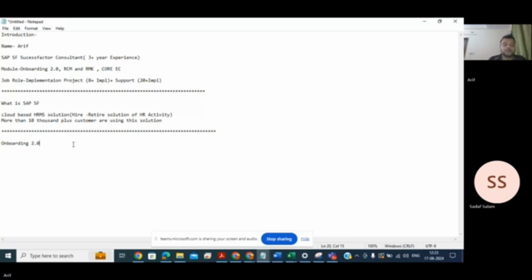So post accepting the offer, the employee moves into a phase of HR activity, that is the onboarding process. In the onboarding process, what exactly is going to happen?